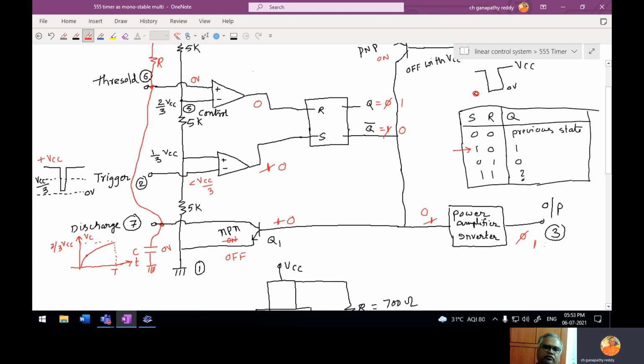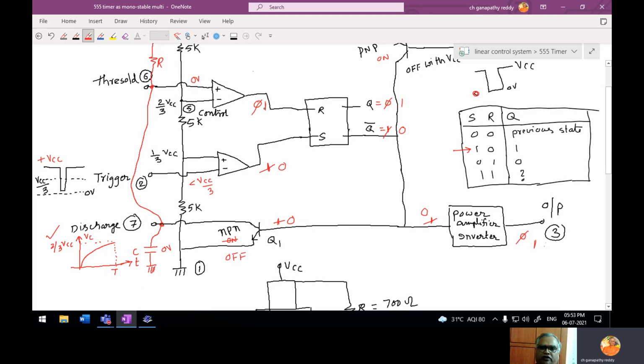So when it reaches 2/3 of VCC, because this terminal already has 2/3 VCC, on the other terminal, if it reaches 2/3 VCC, again this output will change to 1.